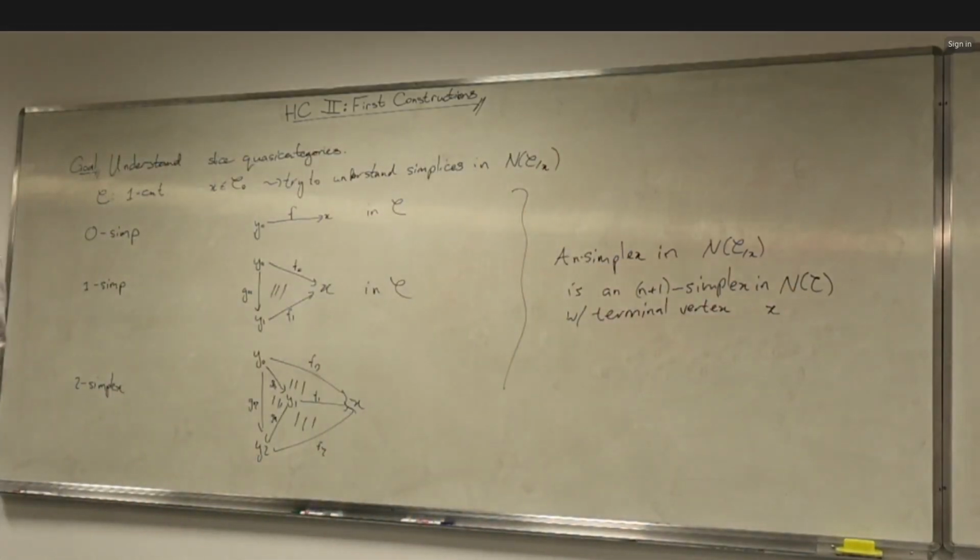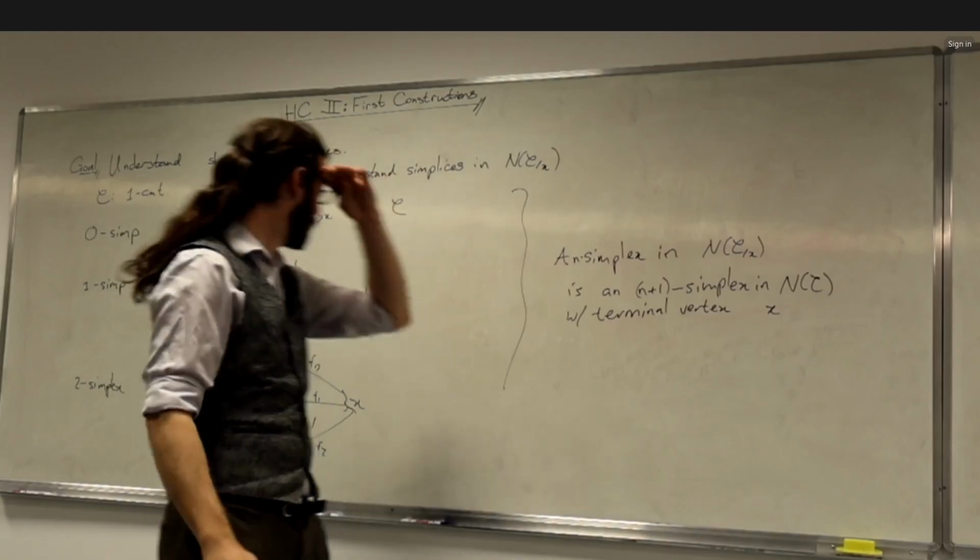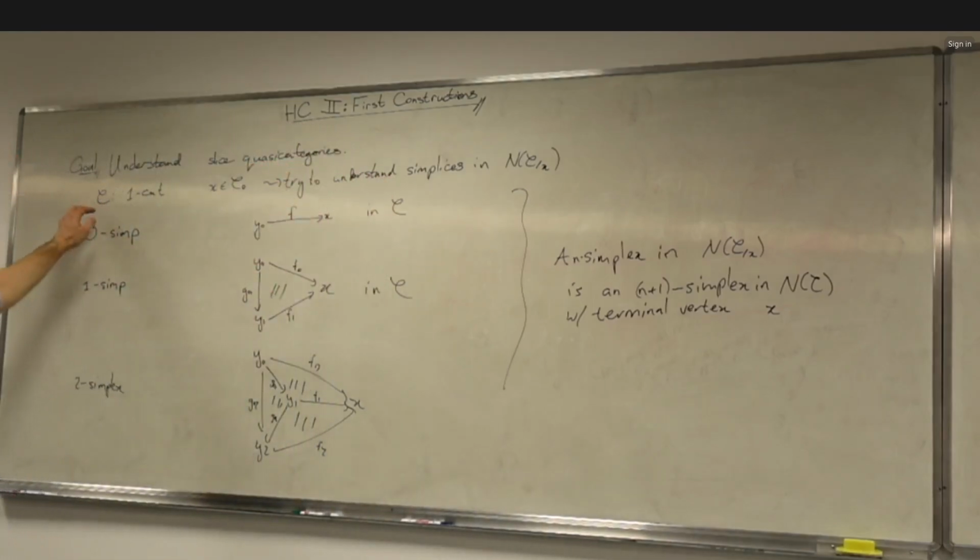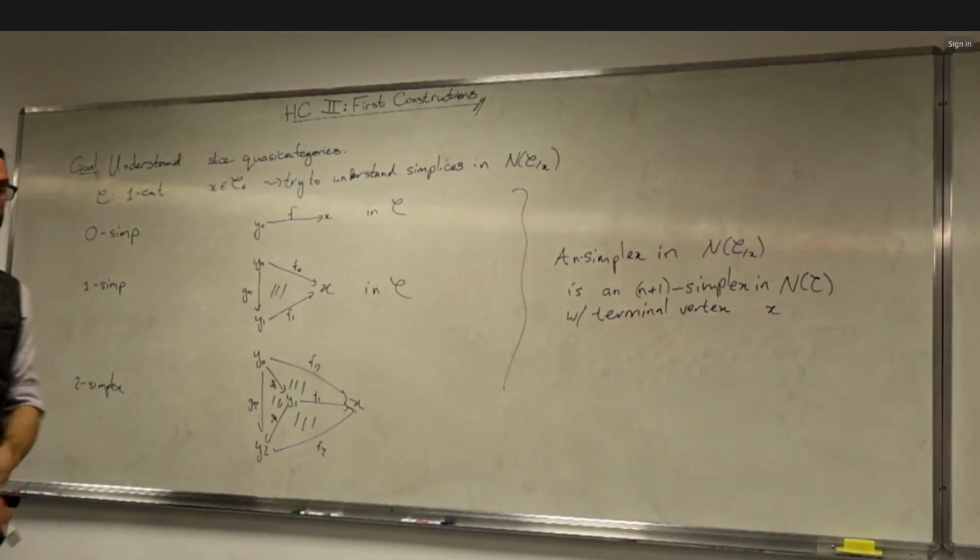Same thing. And this is the definition that we're going to try to make for the case where C is a quasi-category rather than just the nerve of a one category.